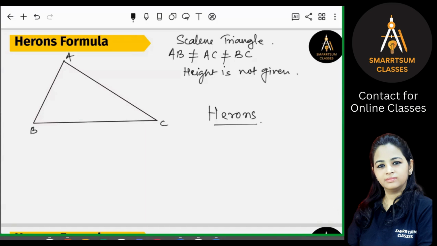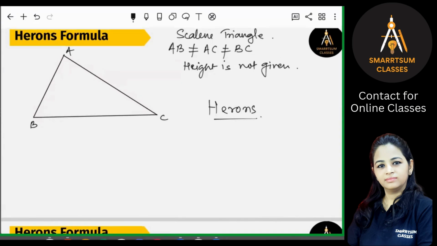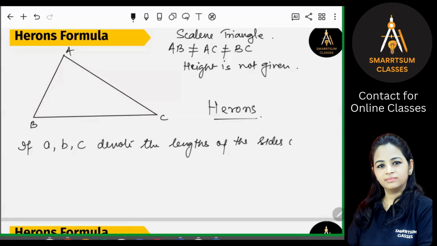Now, what is this formula? If a, b, c denote the lengths of the sides of triangle ABC, suppose this is a, this is b, and this is c.